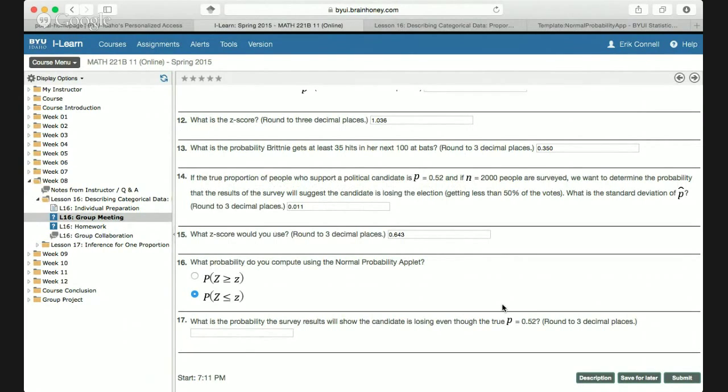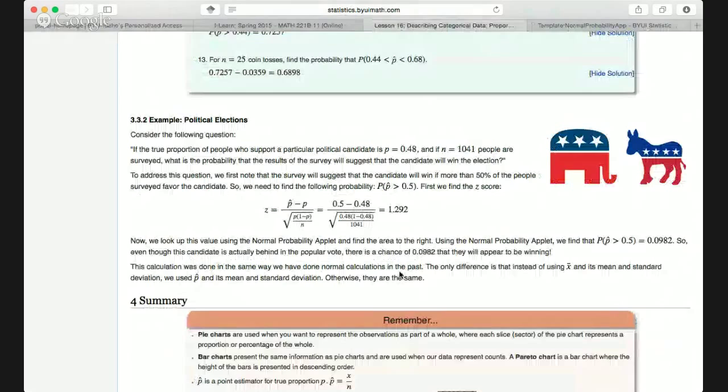Or do we just plug in 0.49 into the probability applet? Or 0.52? I'm not sure on this one.